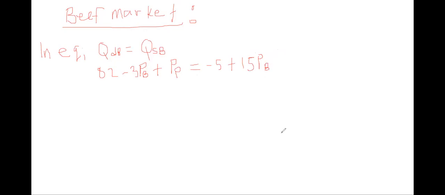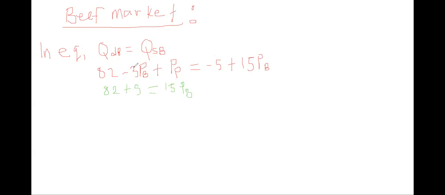So all what you do here, I'm jumping, we don't have much time today. You collect the like terms on one side. And once you do that, we have here 82. So this goes here, it will be plus 5 equals to 15.